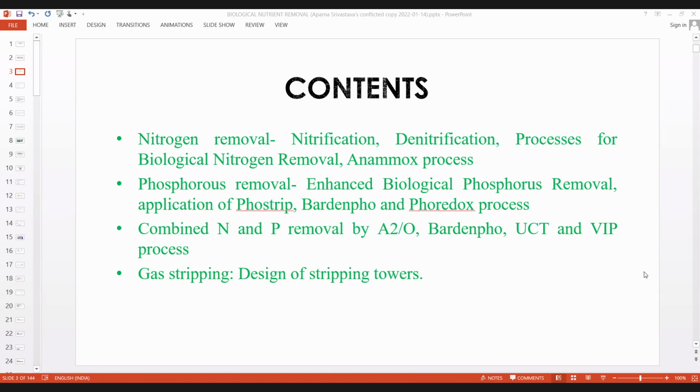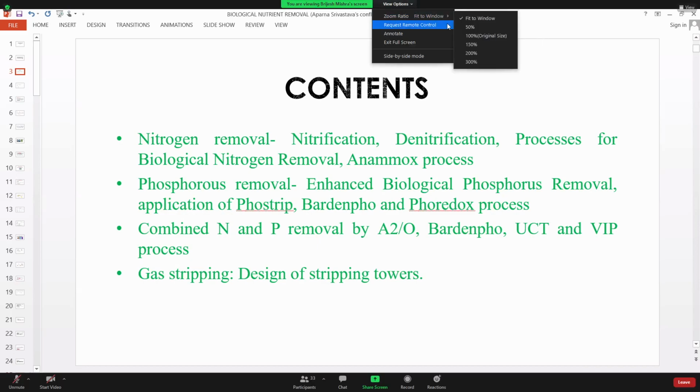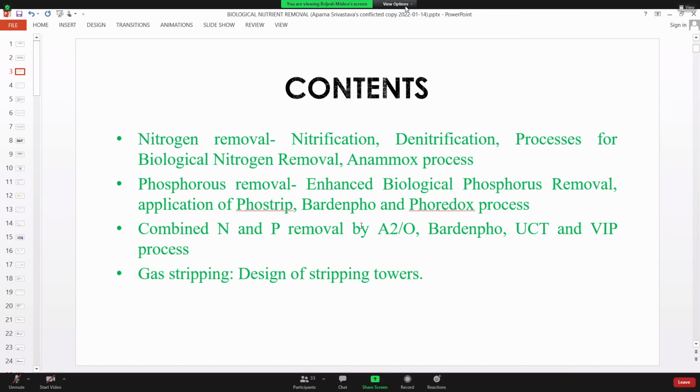So this allows a new and very efficient treatment possibility for wastewater. But the problem is that large scale application of ANAMMOX is very complex, and that's why it is still not feasible or implemented at large scale.